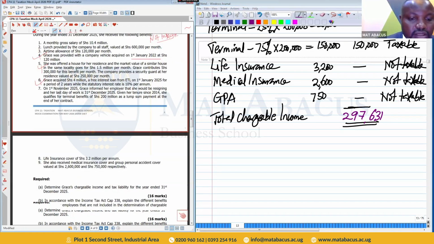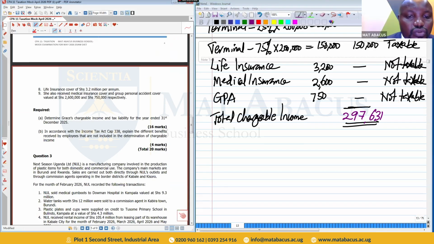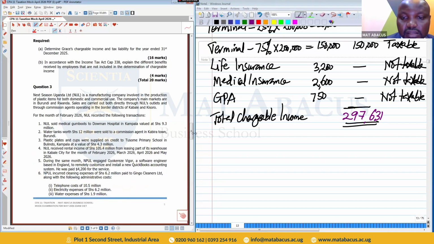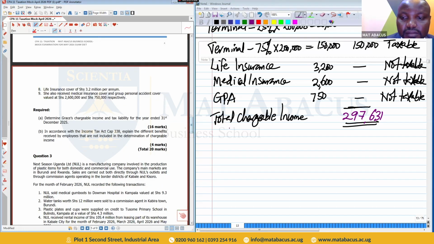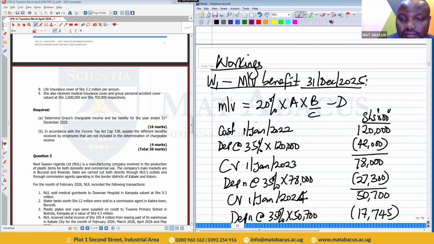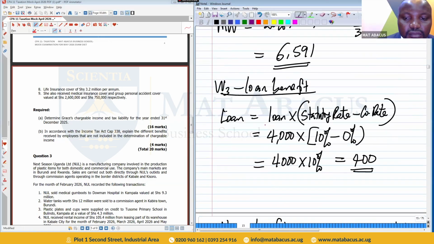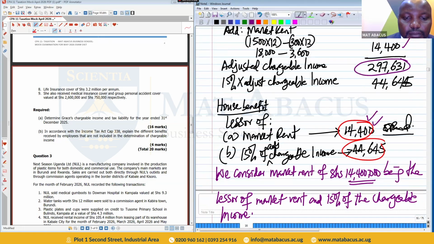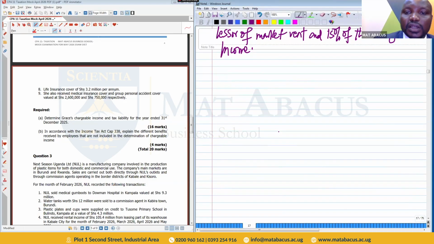Now the examiner wants us to tax it. To provide for tax, we use the tax bands, and that will be under working for tax payable.